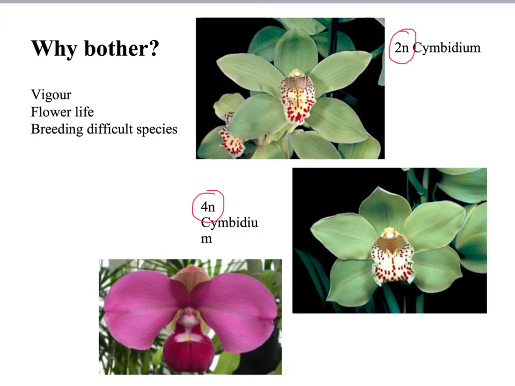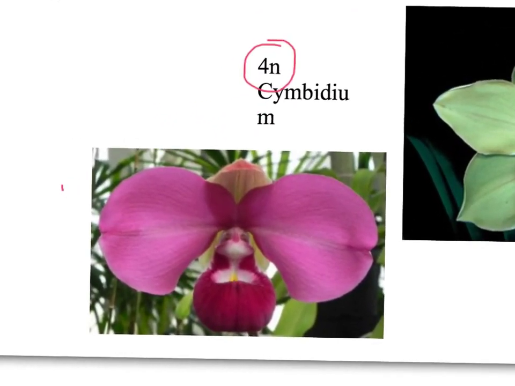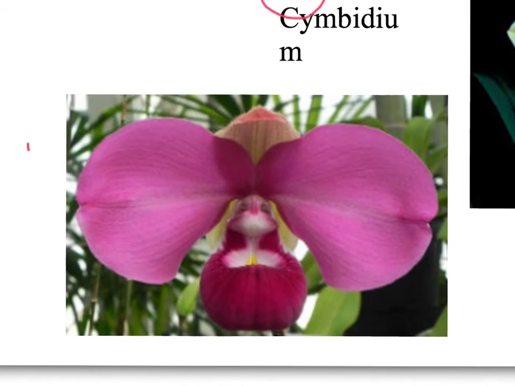Another strong reason for using polyploidy is to enable growers to produce hybrids between things that wouldn't ordinarily cross. If the chromosome number in different species varies too much, then they're not going to produce viable offspring, or they're actually not going to set seed at all. An example would be the very interesting species we have down at the bottom here, which is a new species that was found in Peru in 2001.